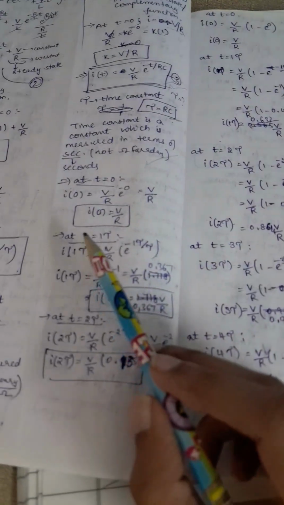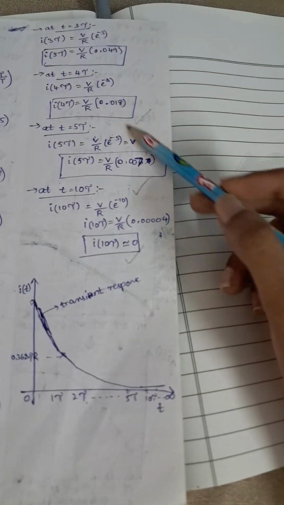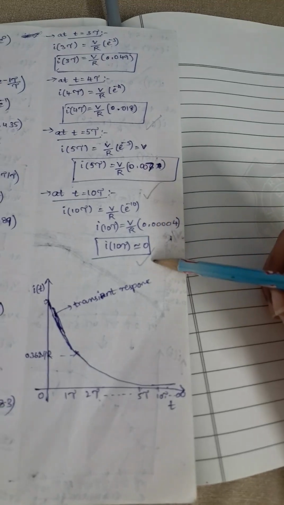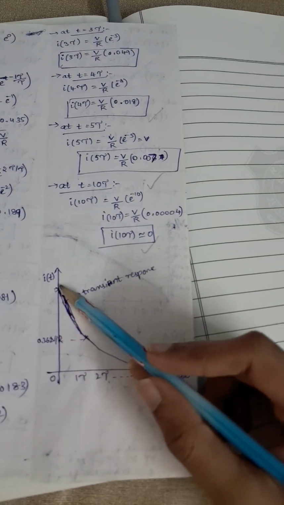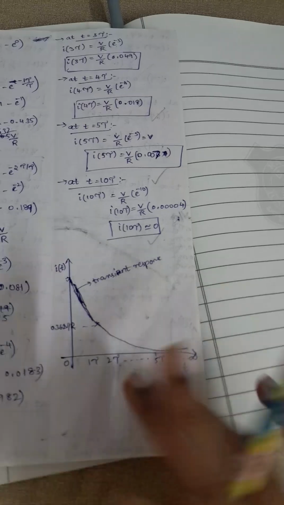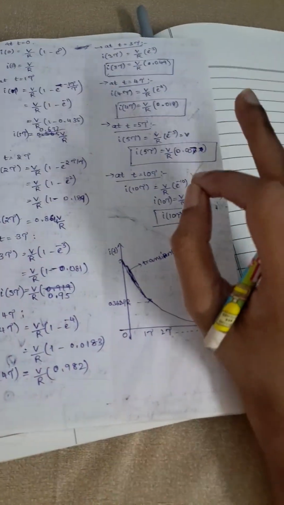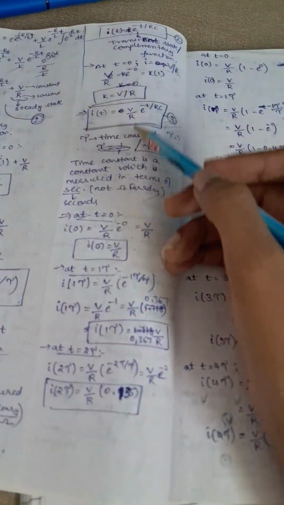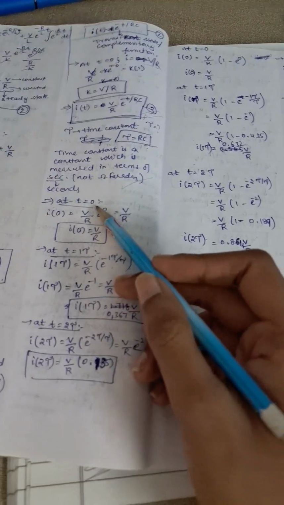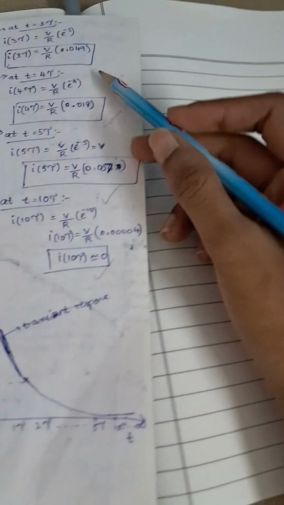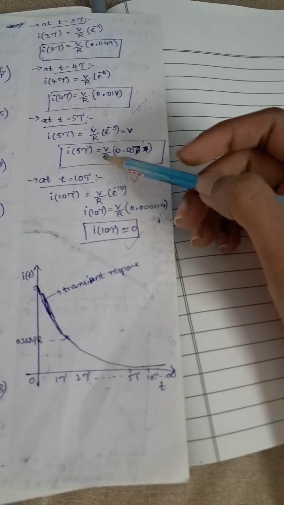From t equal to 0 you got V by R, slowly it is decreasing, and at I of 10 tau it is 0. So it will decrease. Plot this graph. So the first step, we found the current. After finding the current, we found all values, like at t equal to 0, t equal to 1 tau, and for all time instances we found the current and plotted a graph.